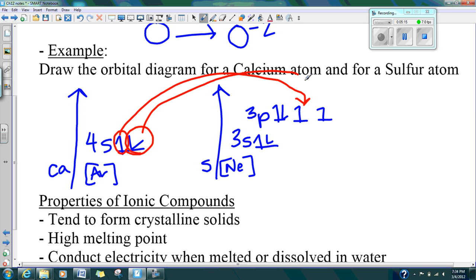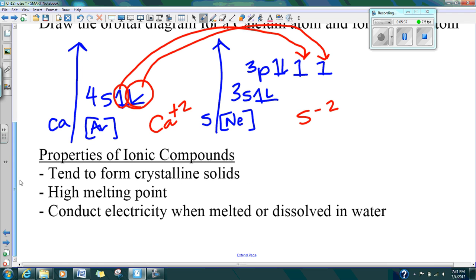This one is going to do the same, and now you can see that sulfur has also a completely filled sublevel in the 3p, now 3p6. And so we have calcium that is +2, we have sulfur that is -2, and so they are very balanced. So these are a transfer of electrons. Again, my cation is transferring electrons to my anion.